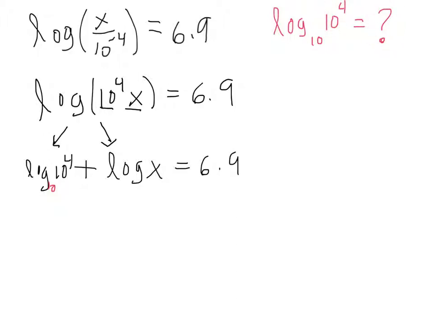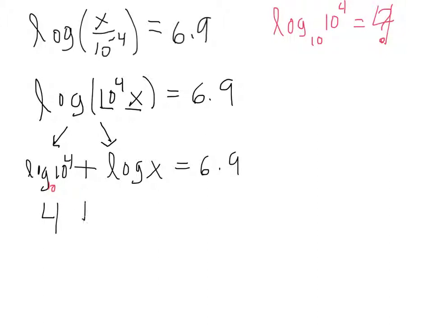So if I ask the question, 10 raised to what would give me 10 to the fourth, I would know that that would have to be a 4 right here. In order to make it true, let me erase, I guess that just erased the top one. Anyway, this has to be a 4, because then 10 to the fourth would equal 10 to the fourth. So this whole thing here is just a number 4. So it's simplified into that whole number.